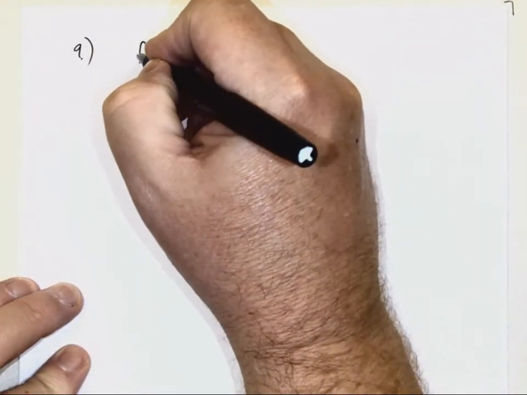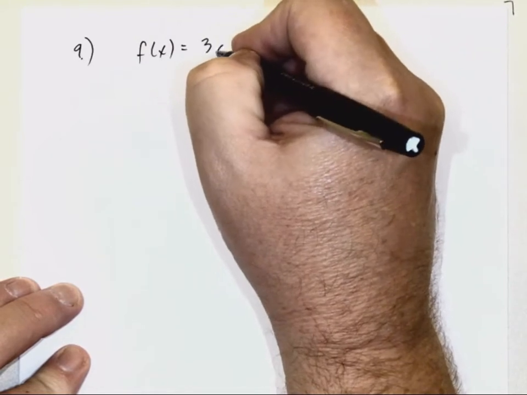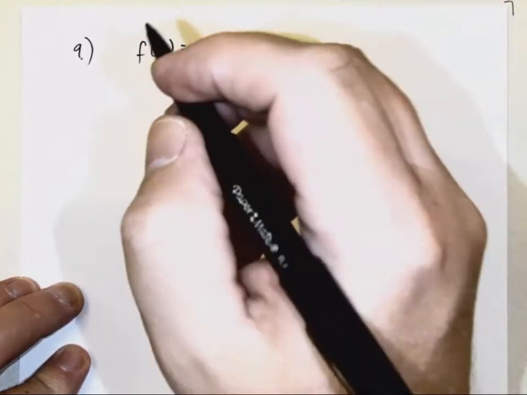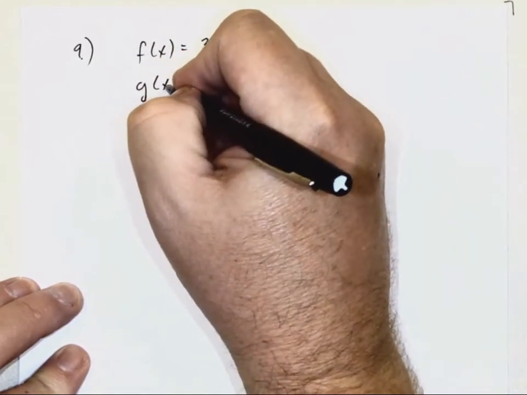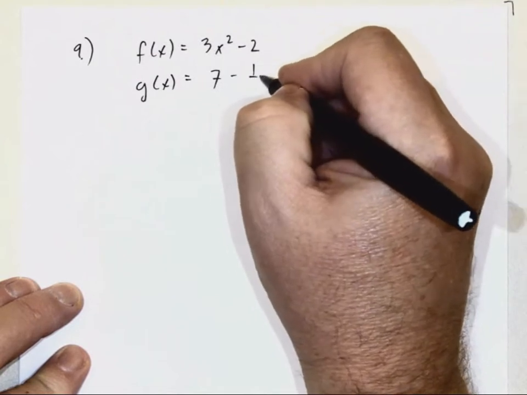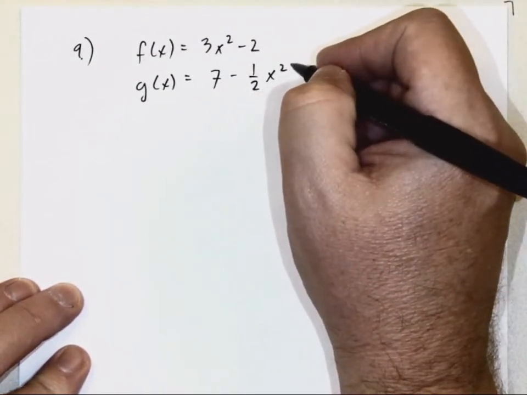So it says given f of x equals 3x squared minus 2, and then they give you a second function, g of x, 7 minus 1/2 x squared.